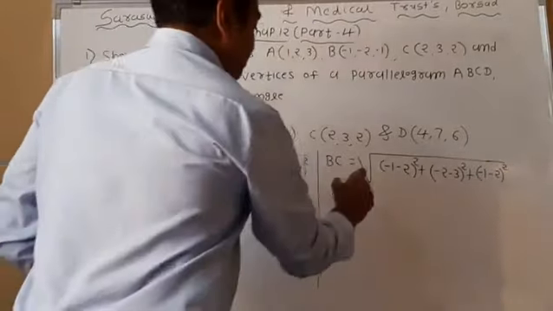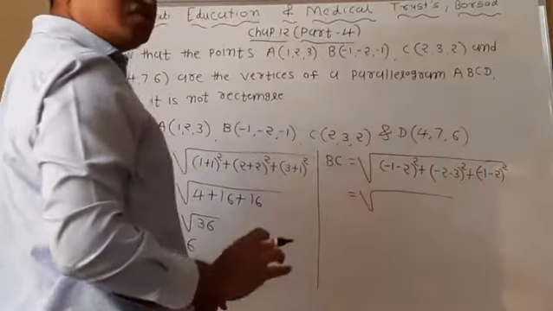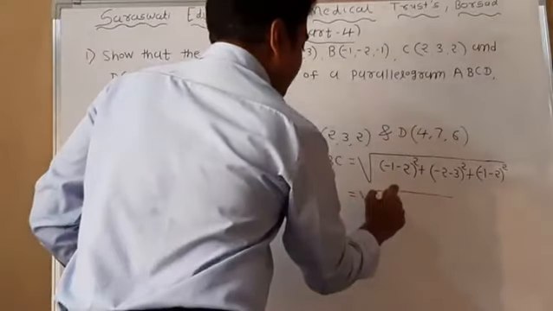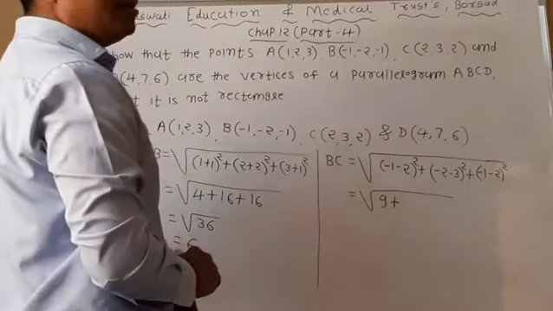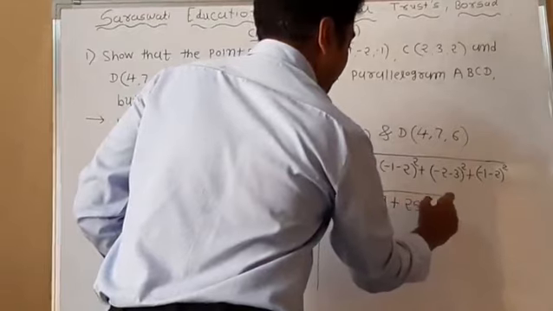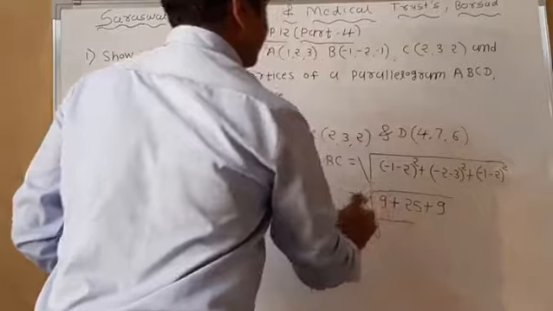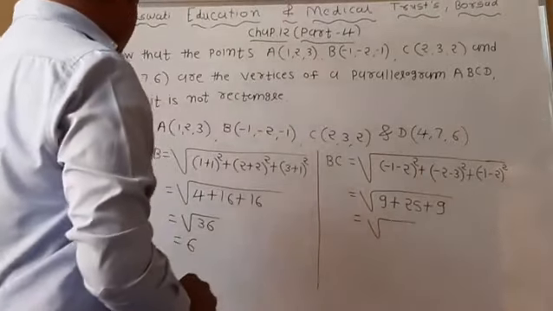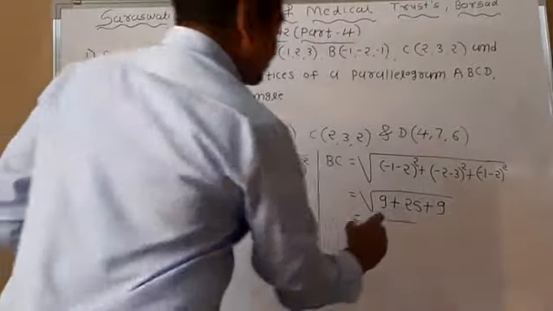So it is equal to the square root of (-3) whole square 9, (-5) whole square means 25, plus 9. Now add these numbers, 25 plus 18, that means 40.